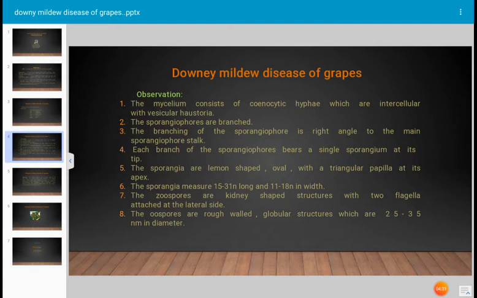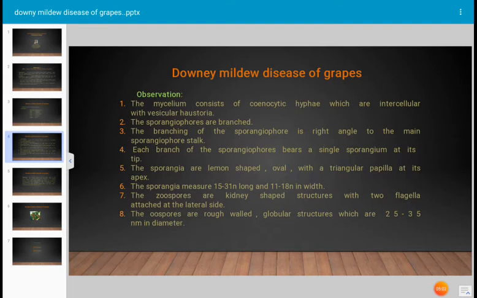Or if the material is fresh, then take a drop of cotton blue on a slide, remove the mycelial threads with the help of a needle in laminar airflow, prepare a slide, place the cover slip on it and observe under the microscope. During the practical you have to write about the fungus: how the mycelium is, how the hyphae are, the shape of sporangia, sporangiophores, everything.